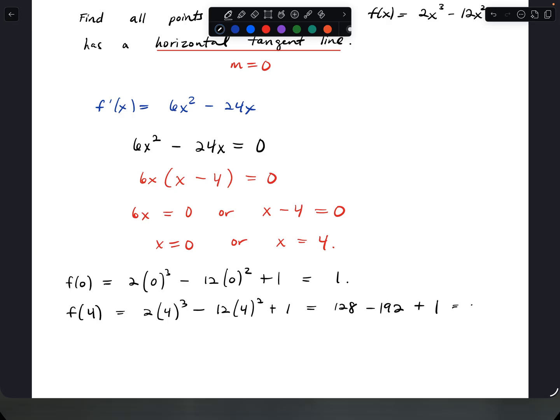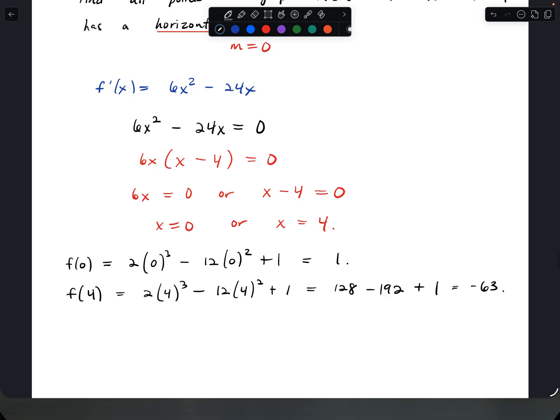And I want to say it's negative 63 from my notes. So that means the 2 points are going to be, we plugged in 0 and got 1, and we plugged in 4 and got negative 63.